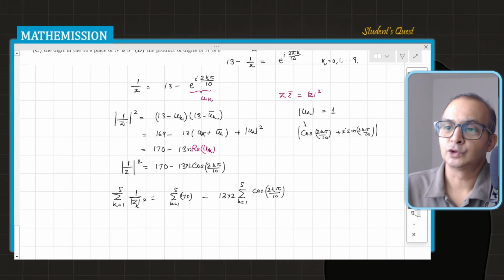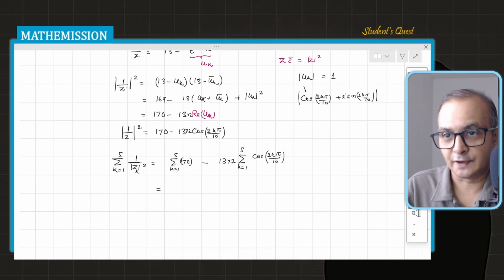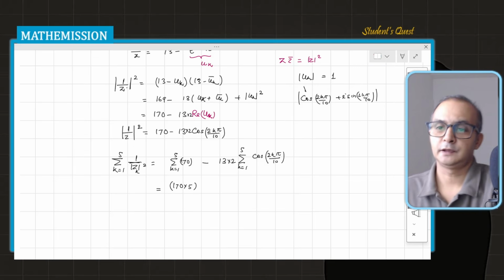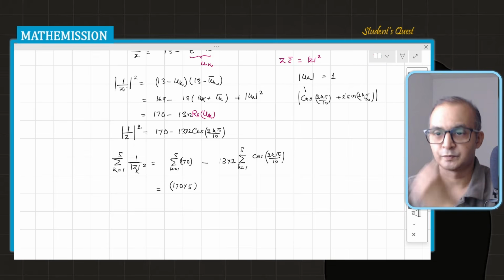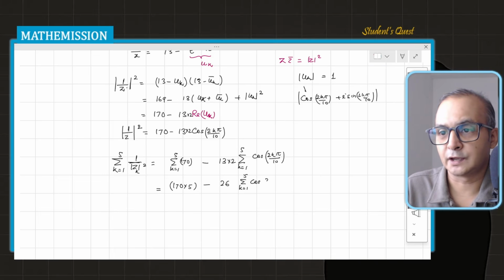Now it is fixed. Anyway, conceptually there is no fallacy, and this calculation should be correct. So 170 into 5 I can write here, and that is going to be 26 times the summation k from 1 to 5 of cosine of 2k pi by 10.